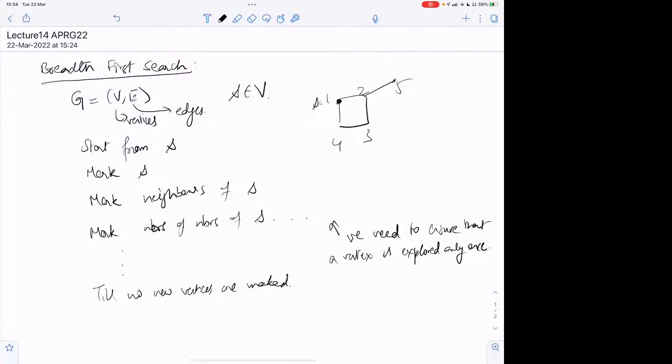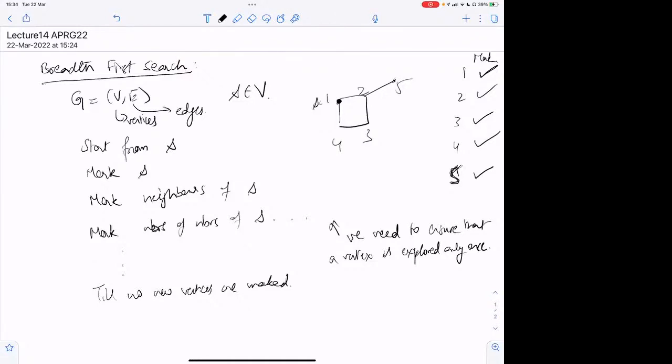So first you would mark S. So you have 1, 2, 3, 4, 5, and this is your mark array. And first you mark 1, then you explore its neighbors, so 2 and 4, correct? So you mark 2 and 4, and then you explore, let's say, 2's neighbors. 2's neighbors are 1, 3, and 5. 1 is already marked, so you don't do anything. 3 you now mark, and 5 is marked.